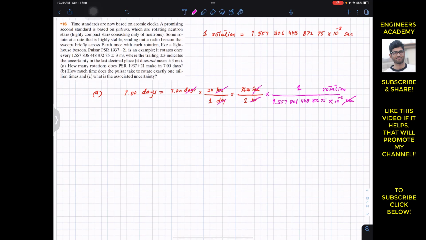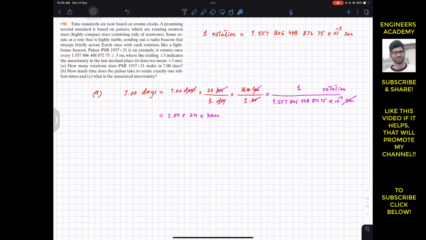So seconds will cancel out, and now we are left with just numbers and rotations, right? So this is 7.00 times 24 divided by 1, multiplied by 3600 divided by 1, and multiplied by this ratio, right?